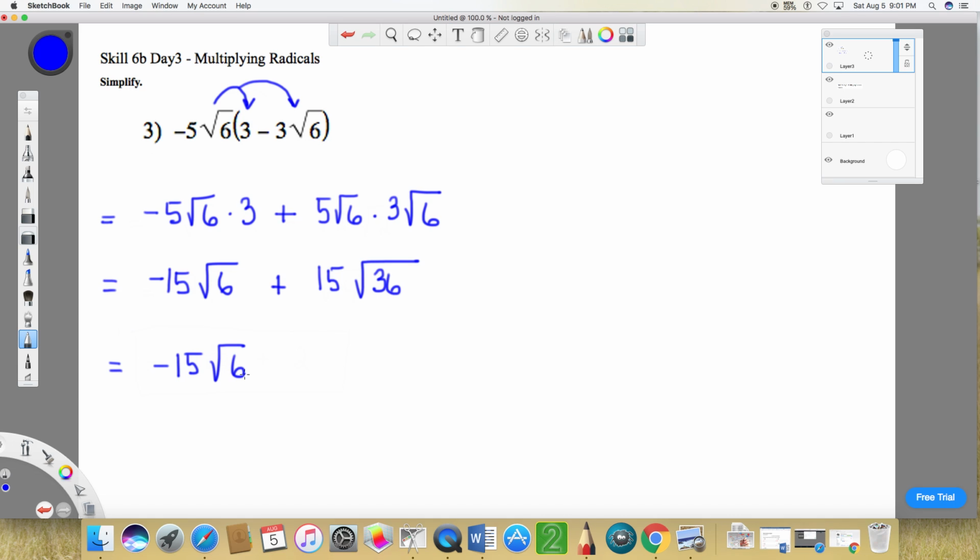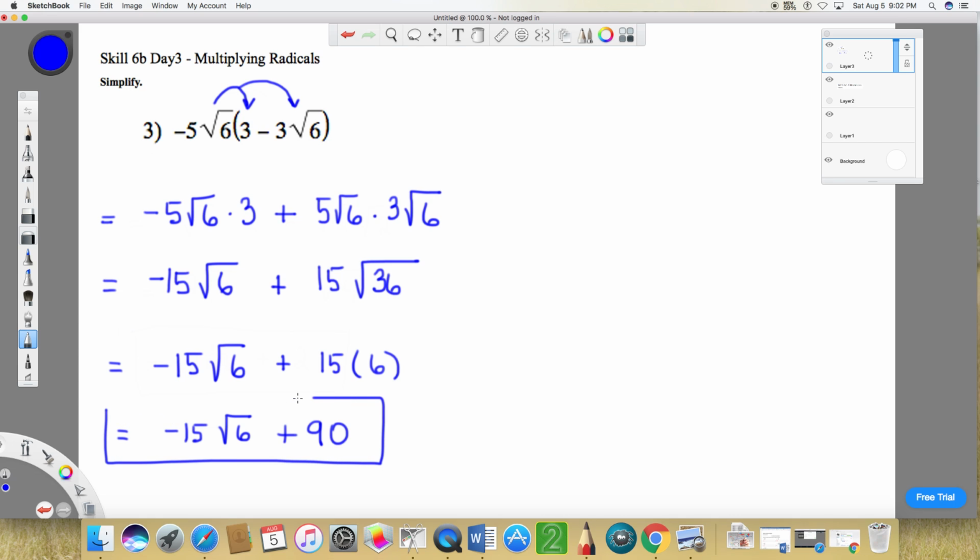So you know that anytime the radicands are the same, the radical just goes away. You have 15 times 6, because 36 is 6 squared. And 15 times 6, I think, is 90. And that's our final answer for number 3.